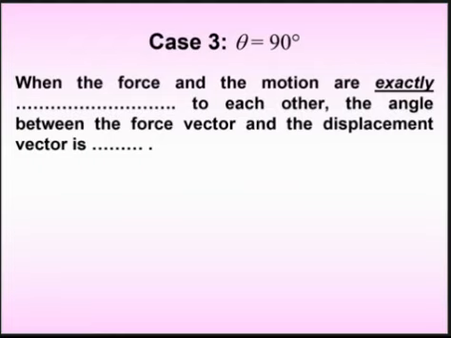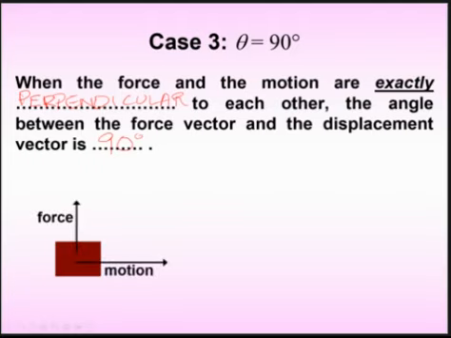So when the force and the motion are exactly perpendicular, the angle between them is 90. What forces are like this? What force is usually pointed that way? Normal. How about if I flip it upside down? There you go.